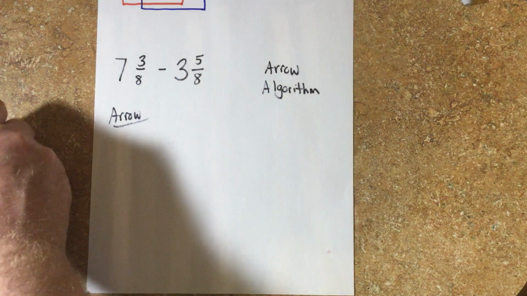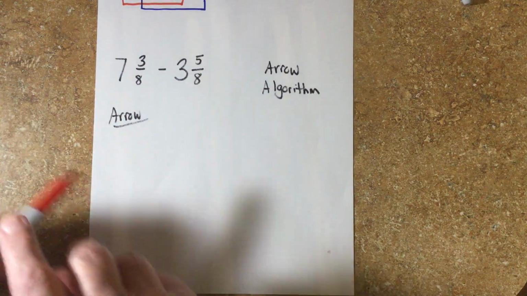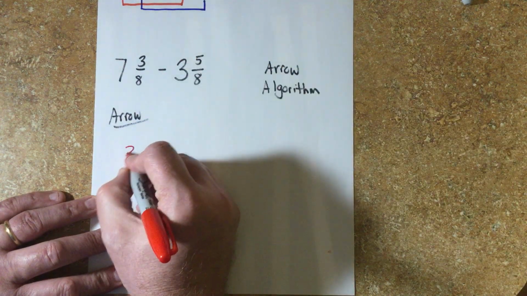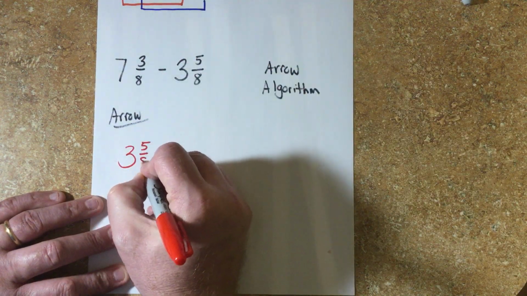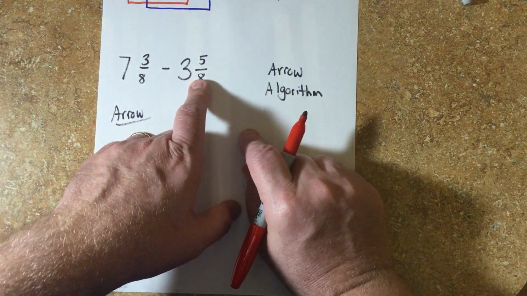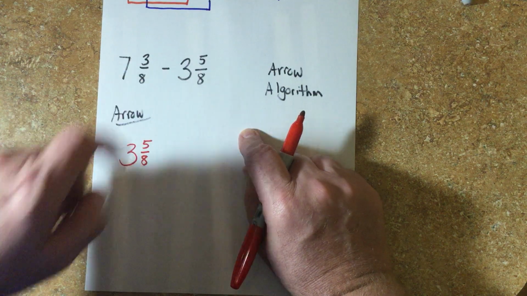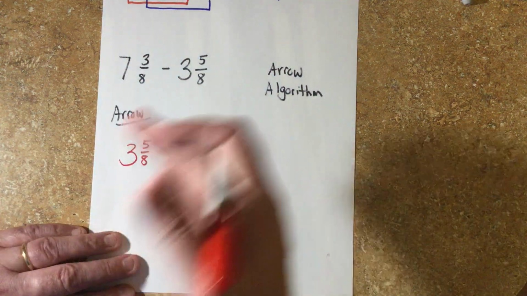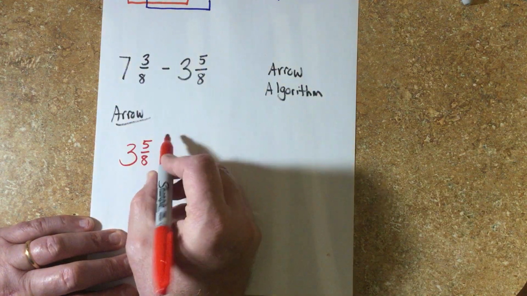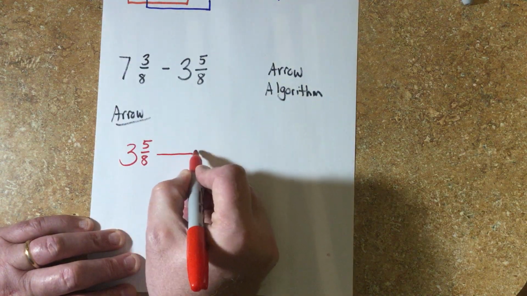And the way that we do this is we're really going to start with what we're taking away. So we're going to start with the 3 5/8. And we want to find out, well, how much will it take to get to 7 3/8? So we're almost turning this into an addition problem. And this is where the arrows come in.